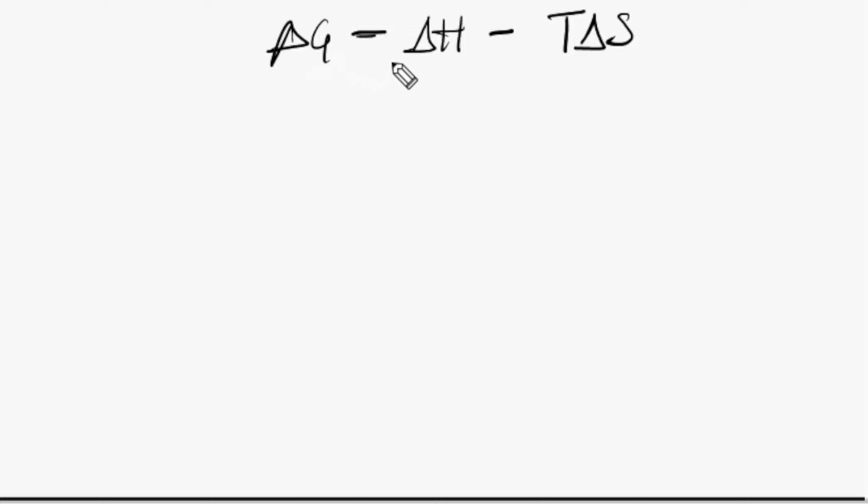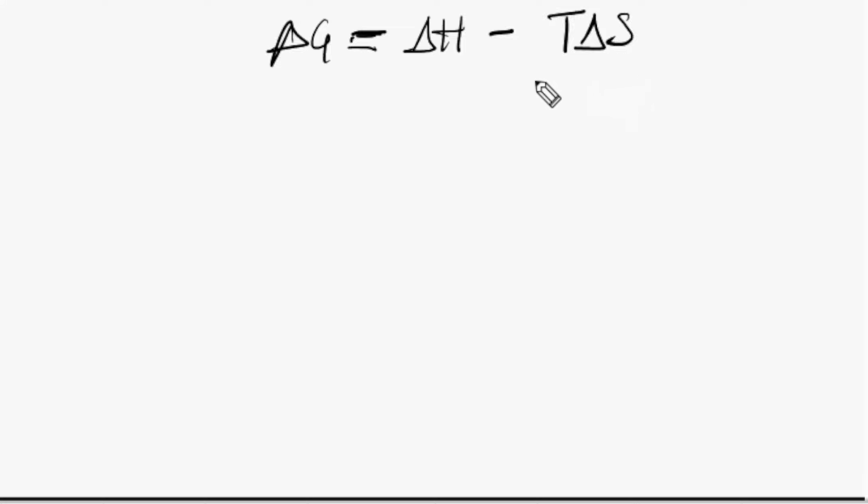So we have delta G as delta H minus T times delta S. So this meaning that the Gibbs free energy is going to be equal to the enthalpy change minus temperature in Kelvin times the entropy change.